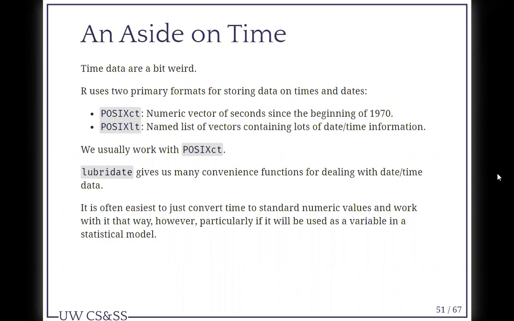It counts backwards on the timeline from 1970 for strange computer reasons that are related to Y2K fears and all of that. There's also POSIXlt, which is a named list of vectors containing lots of date time information. You'll very, very rarely run into POSIXlt.